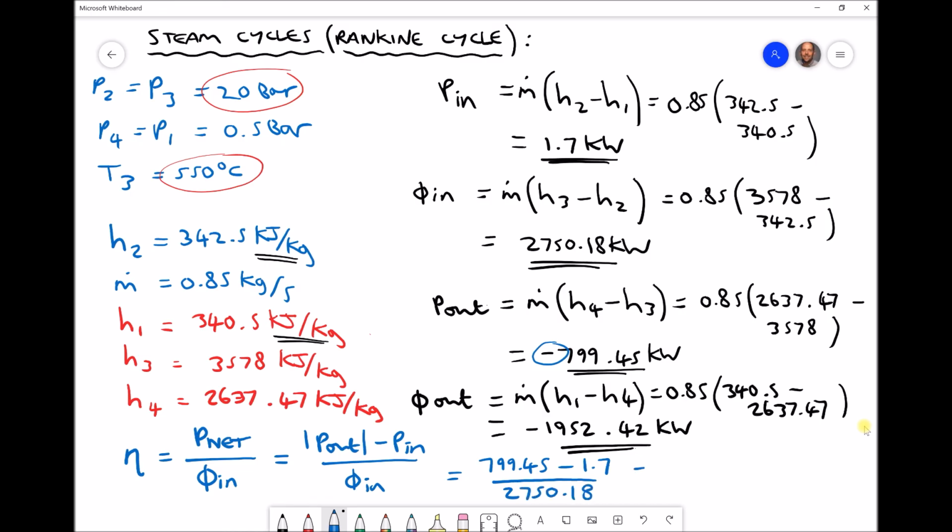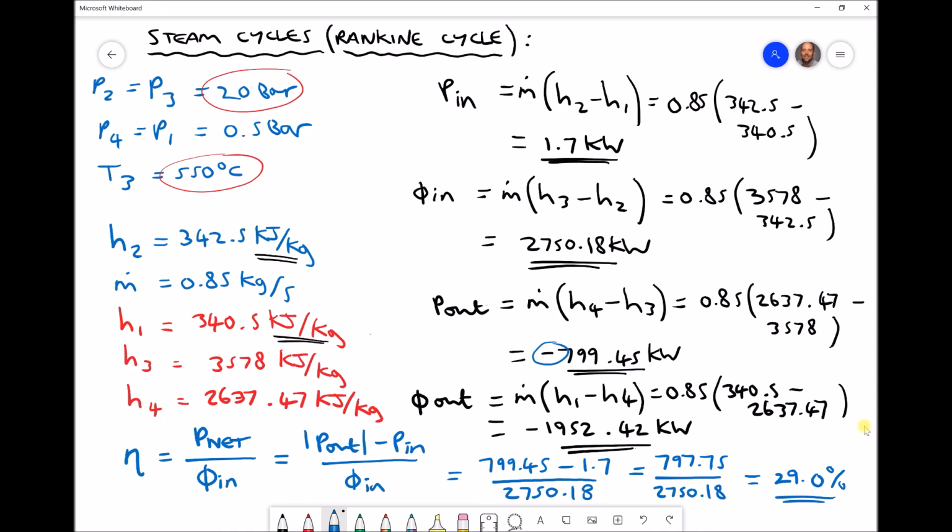Now it is worth noting here that our net power output then is 797.75. So the pump here is consuming very little power. Dividing by 2750.18 to get our efficiency gives us an overall efficiency equal to 29.0%.